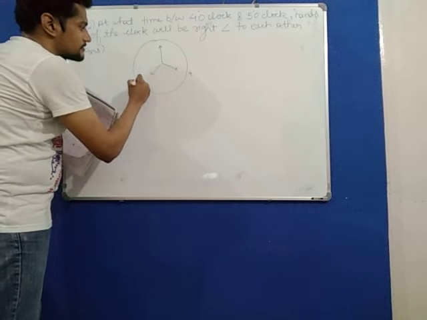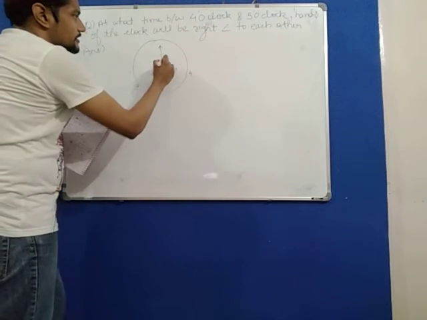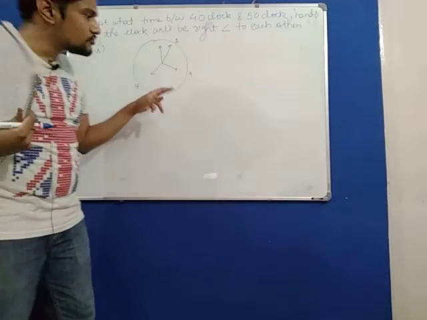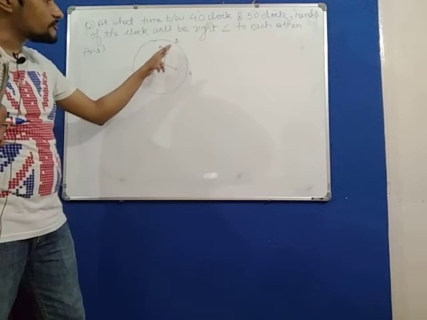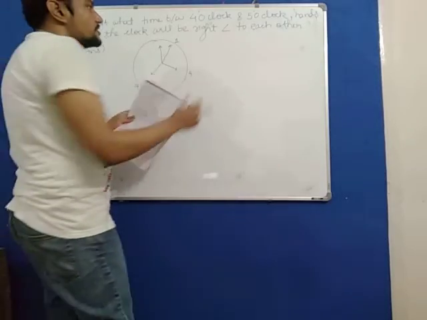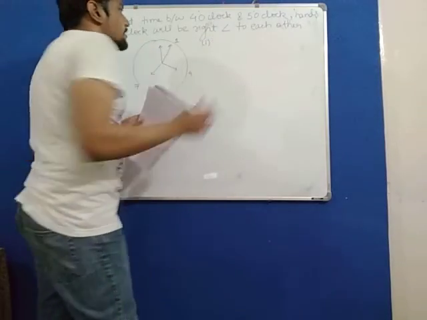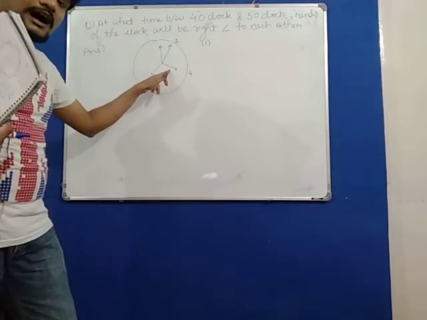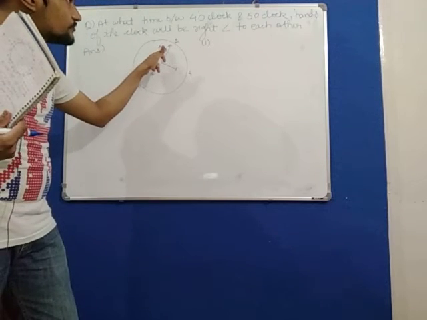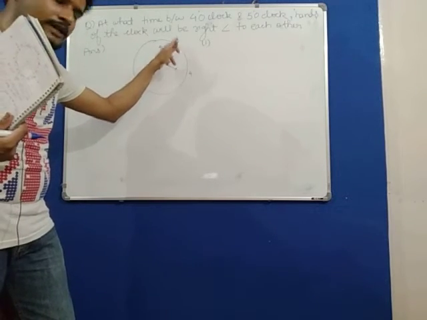That is, this is the second position at 7 and this is the first position at 1. These two are going to be the two positions when the hour and the minute hand will be perpendicular to each other. So first case is when we assume that the hour hand is constant at 4 and the minute hand moves through 5 minute spaces and comes to 1.